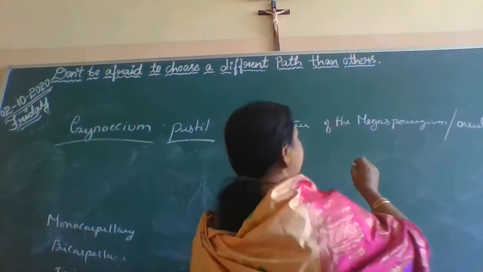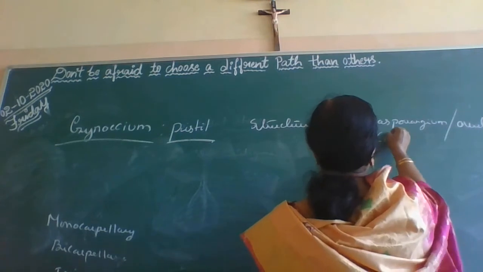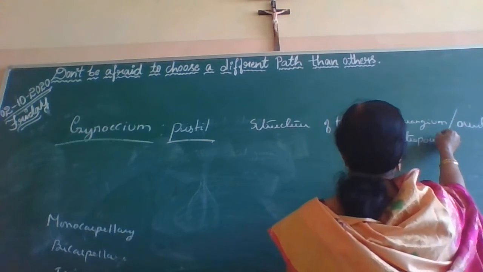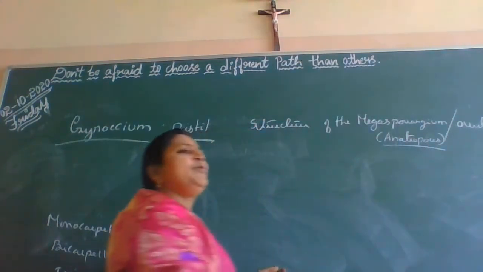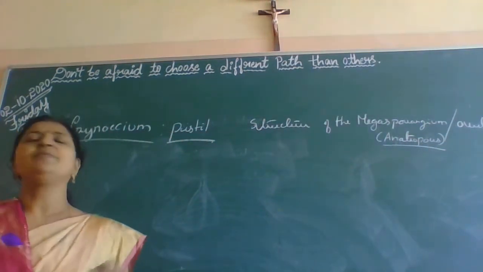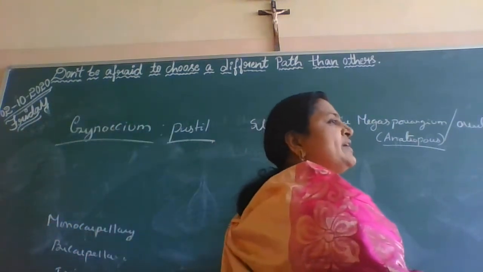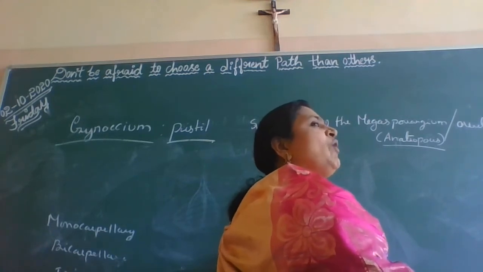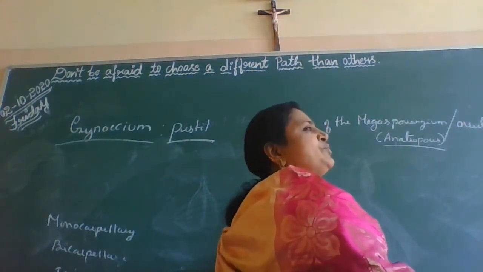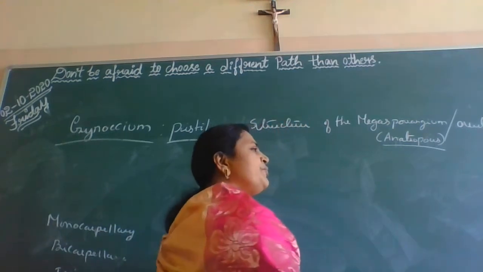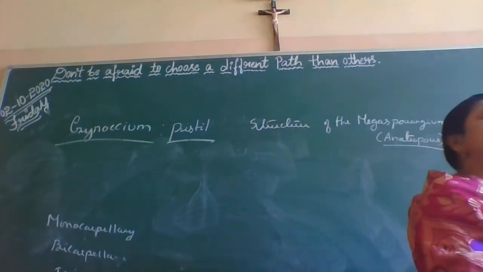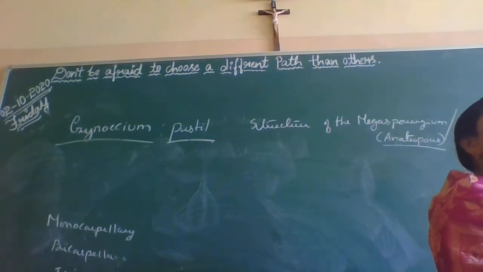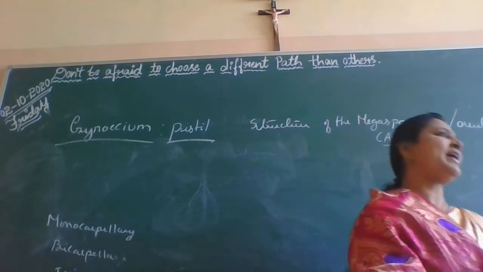Now, the typical megasporangium is always anatropous. The typical ovule of the angiosperm is always anatropous. What is this anatropous? Inverted ovule. Why do we say this is anatropous? Look here. Now, where is the ovule or megasporangium present? On the placental tissue of the ovarian cavity.